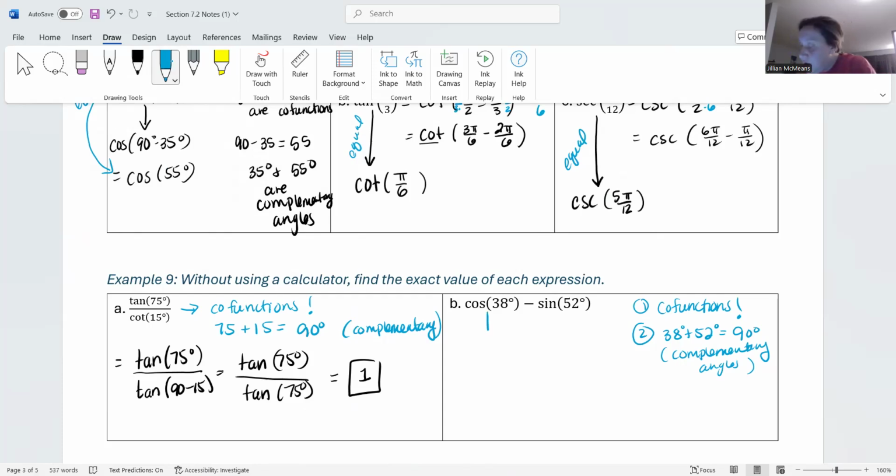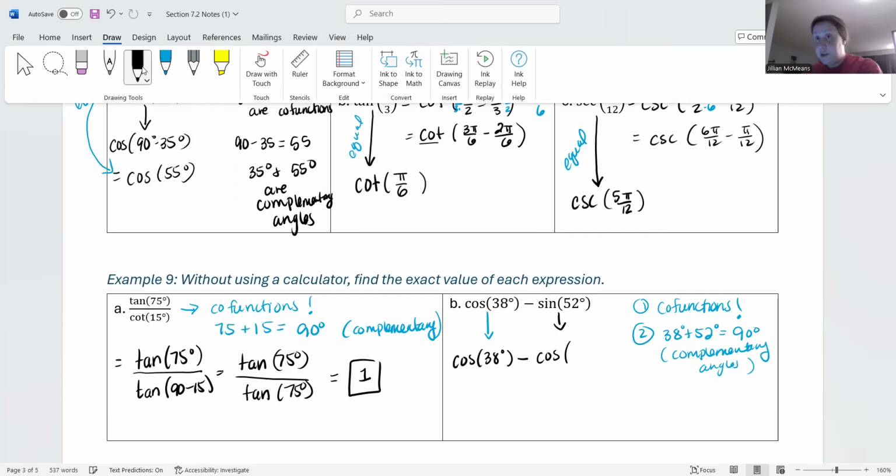Okay, so that tells me that cosine of 38 degrees is just going to stay cosine of 38 degrees. But then sine of 52 degrees, I want to rewrite that as cosine. And we know the relationship is cosine and sine are equal if they're applied to complementary angles. So I can rewrite sine as cosine.